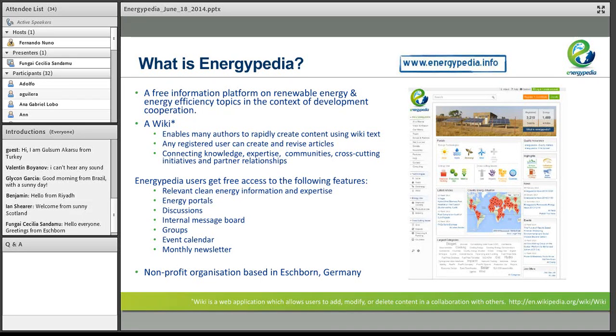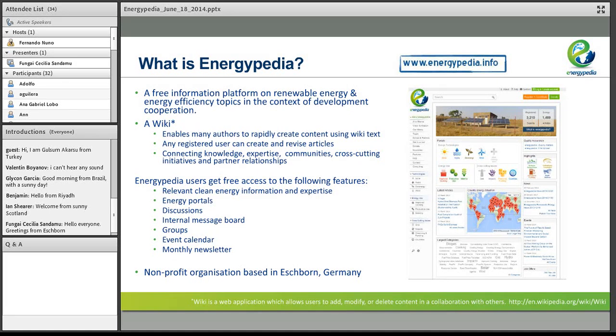Energypedia users get free access to features on the platform, such as information on different energy portals, discussion features, internal message boards for users to communicate with each other on the platform, and event calendars where information is added by a community of users.